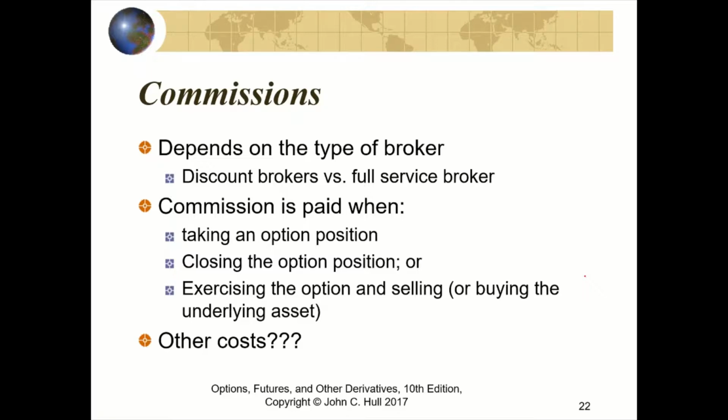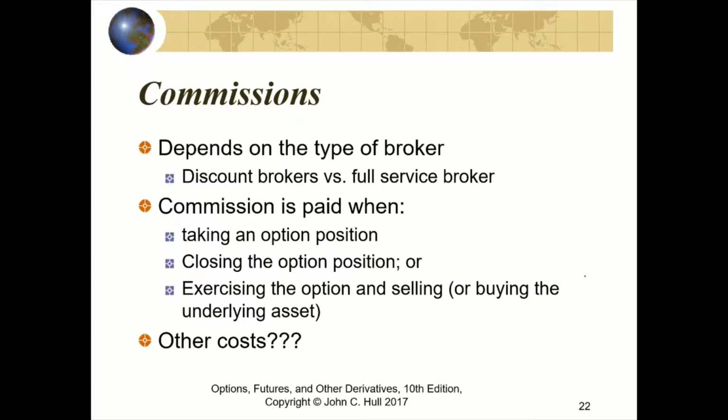You took an offsetting short position, you will pay a commission. Now, if you keep it until the maturity of the contract and you exercise the option, then you will pay commission for exercising, and you will pay commission for selling the stock or buying the underlying asset if you want to take advantage of the differences in the price.